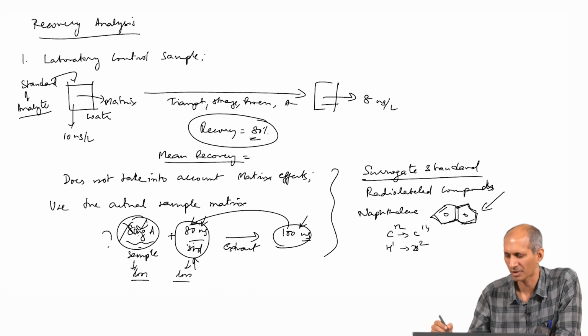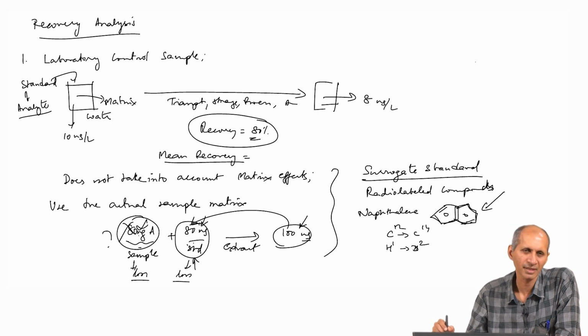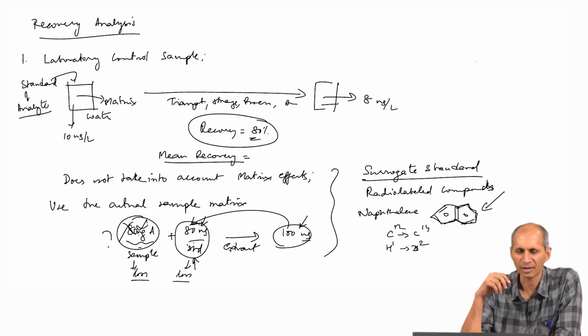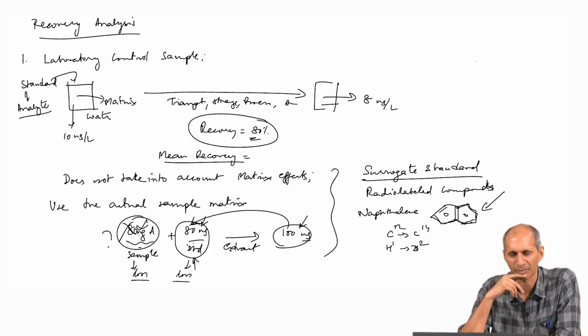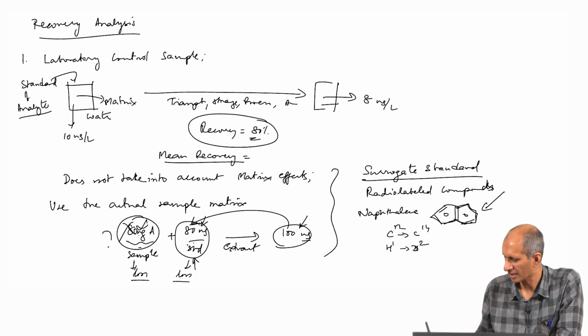If we are analyzing 100 compounds in a series in a water sample, it is difficult for us to buy 100 surrogate standards, it is prohibitively expensive. So, there is one surrogate for a set of compounds, and we apply that, then for the next set we buy another surrogate standard and apply that. So, it is not the best way to do it, but it is close.